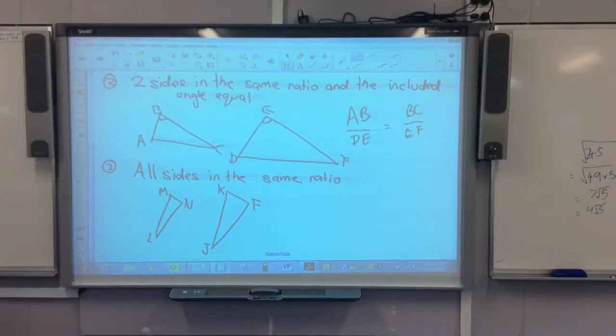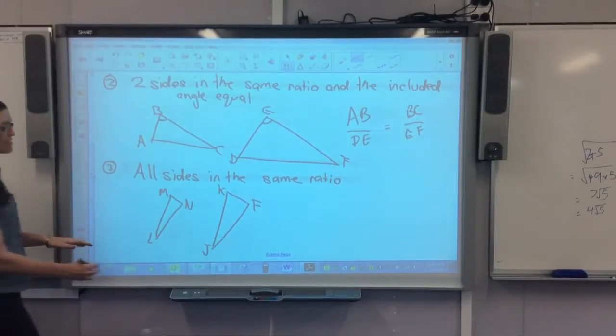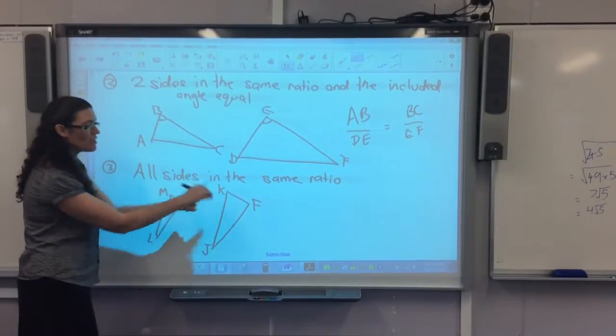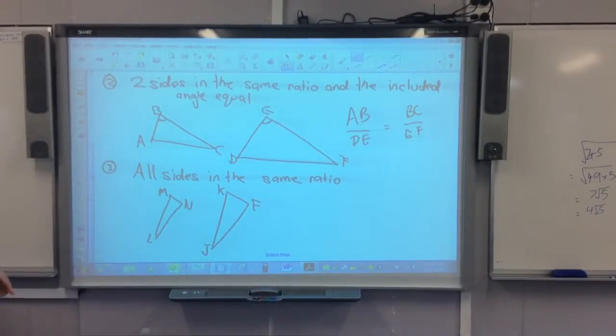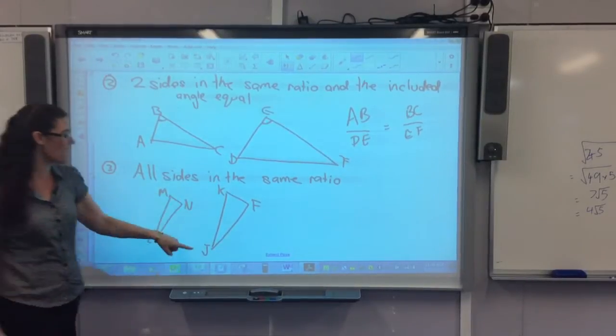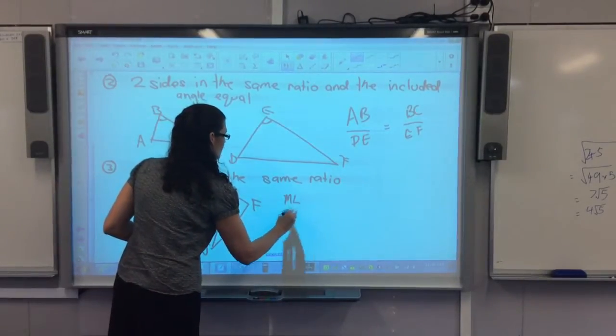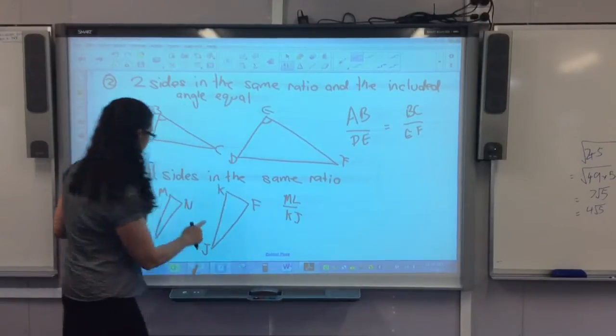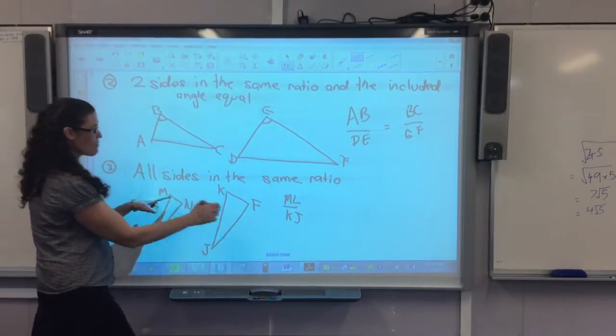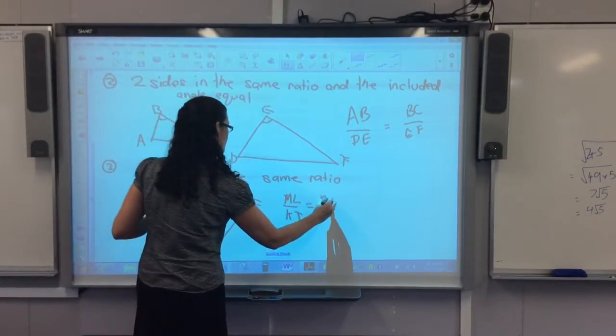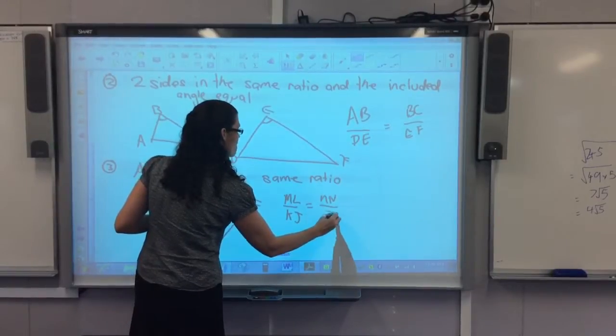These triangles are not the same size, it's clearly bigger, but each matching side has to form the same ratio. So ML over KJ has to form the same ratio as MN over KF.